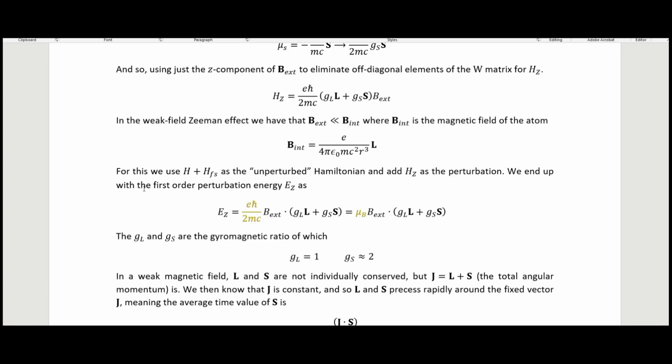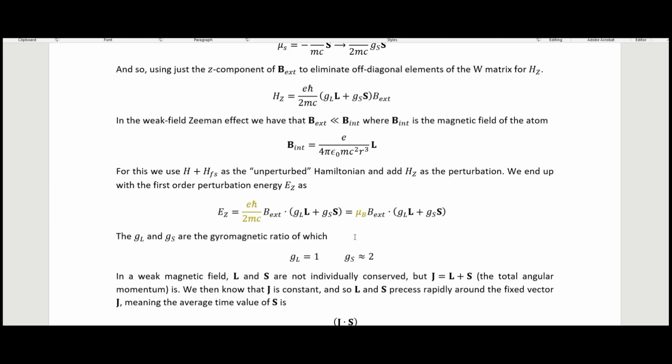So we end up with the first order perturbation energy being this, which is what we had from above. Then what I have here in this gold color, we just substitute for this mu sub B, which is the Bohr magneton. Like I said, G sub L and G sub S are the gyromagnetic ratios, of which G sub L is 1 and G sub S is approximately equal to 2.